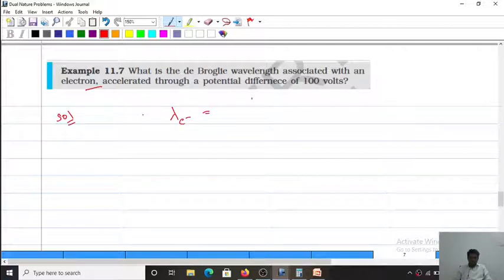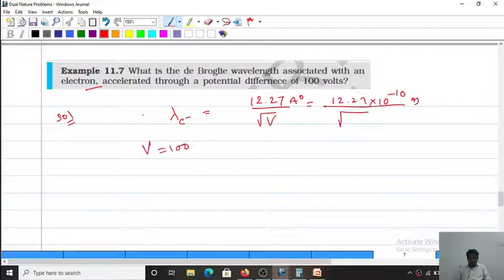In the concept we have already discussed, the de Broglie wavelength of an electron is 12.27 angstroms by under root of V, that is 12.27 into 10 power of minus 10 meters divided by root V. V is the potential difference, given as 100 volts.